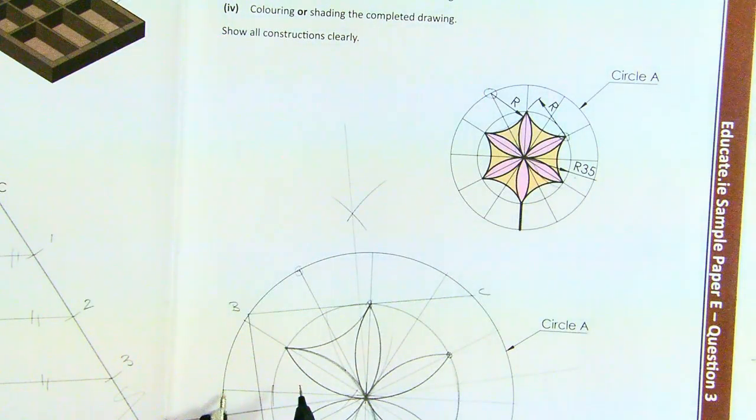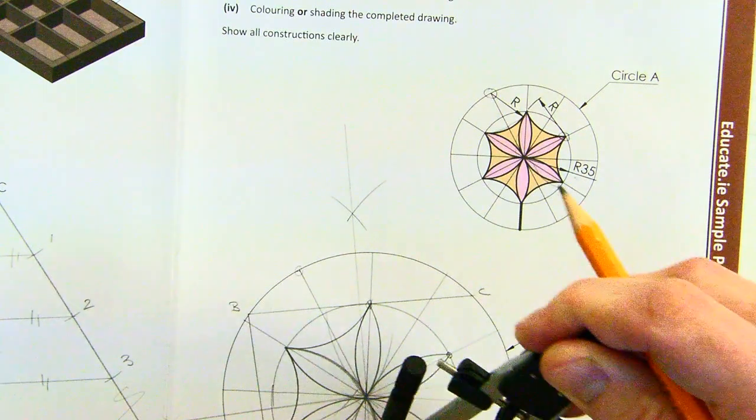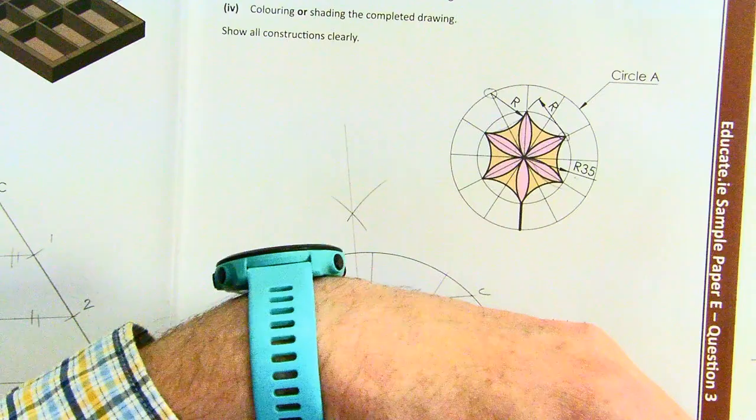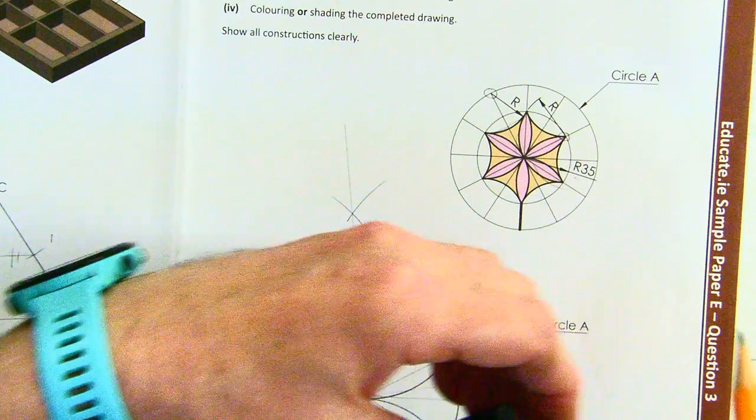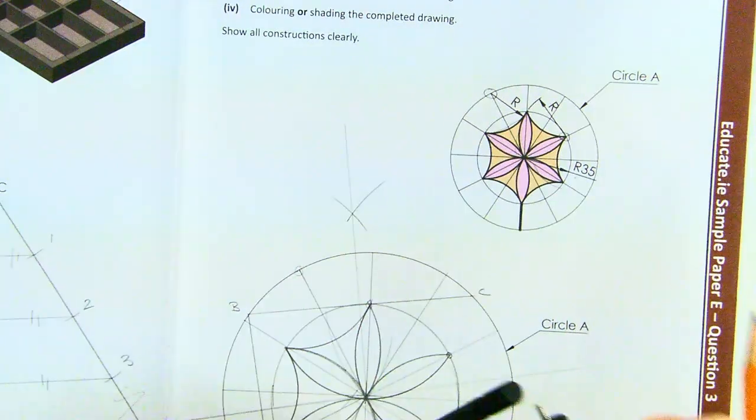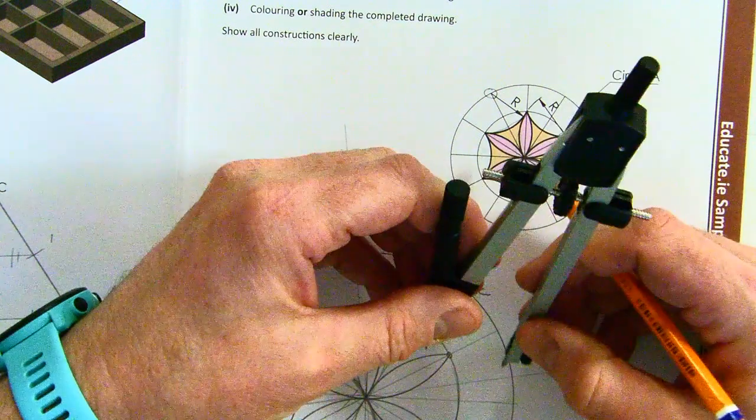Where is the next one going to be? It's going to be here. The next one will be down here. Continue around. You may have to adjust your measurement just slightly, just to get them all to fit in.